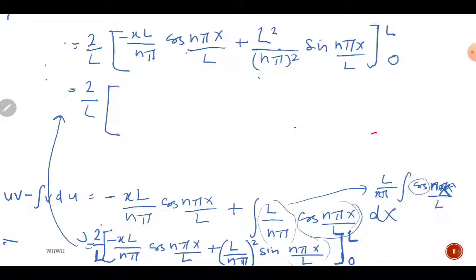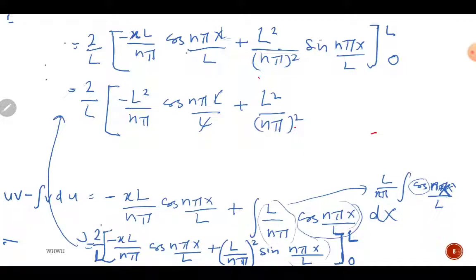So when you gantikan dengan L kat sini, x ni kita gantikan dengan L, kita akan dapat negative L square over n pi, and then here cos n pi, x ni kita ganti dengan L, so dia akan jadi L dengan L ni cancel lah. Okay, and then tambah dengan L square over n pi everything square kat sini, sin n pi, x ni kita ganti dengan L over L.